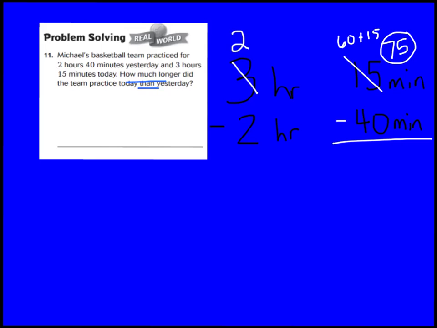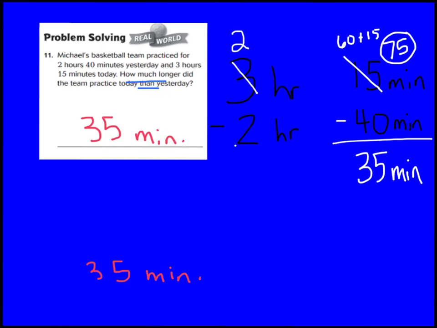So let's go ahead and subtract. 75 minus 40 is 35 minutes. Do you see how we got the same answer? And for the hours, 2 hours minus 2 hours is 0 hours. So those are two different ways that you can show how to get the answer. Either you can use the regrouping process like I showed you just now, or you can do the converting process like I showed you before.